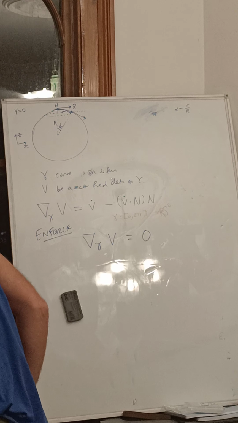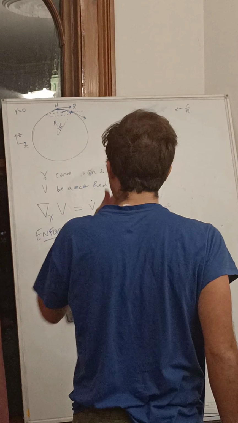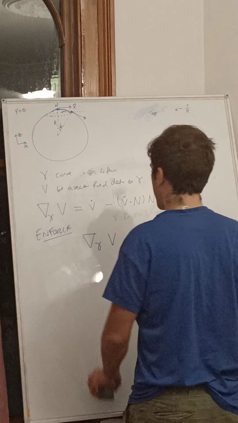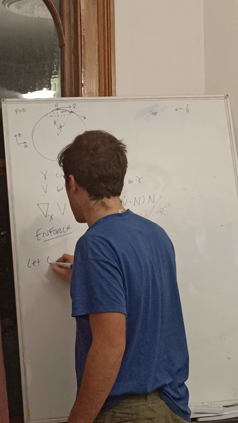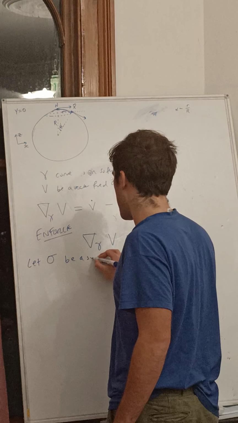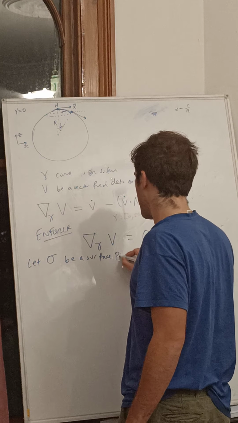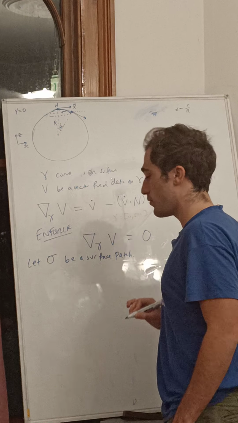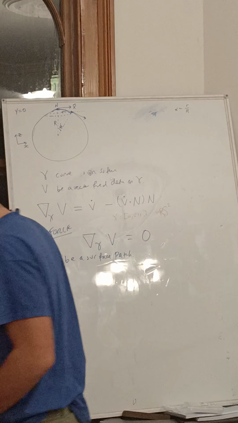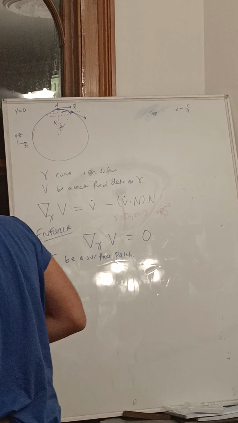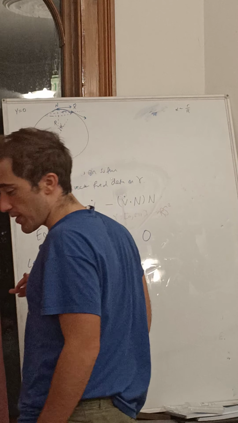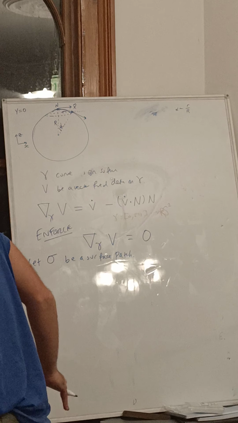So now, imagine that we've got a surface patch. Let sigma be a surface patch. Suppose that this is a surface patch of the sphere, but in a general surface.